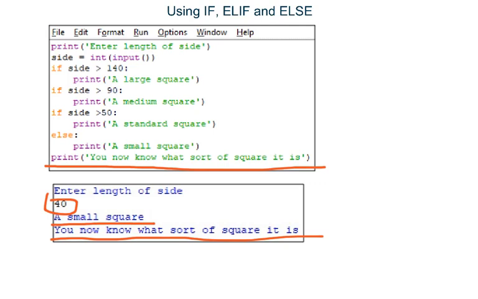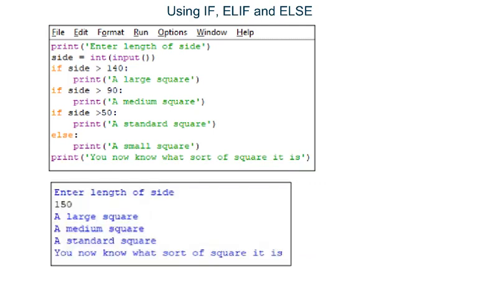All seems fine. But watch what happens when we enter 150 into variable side. First, the program checks if what is inside is bigger than 140. 150 is bigger than 140, so it does do this line of indented code. It outputs a large square. Because we have used an if, not an ELIF, the program will always do this next check.